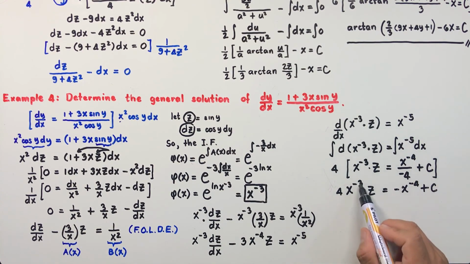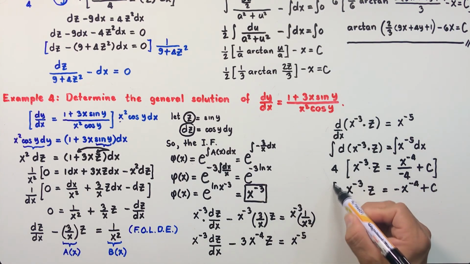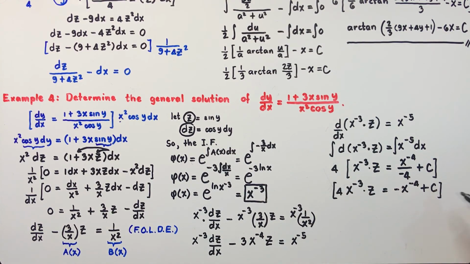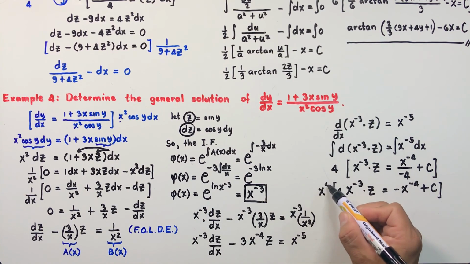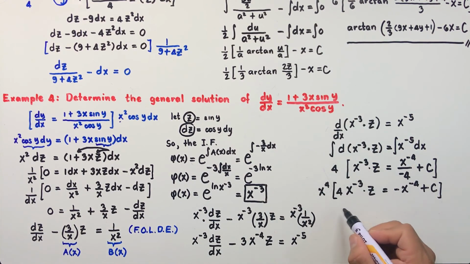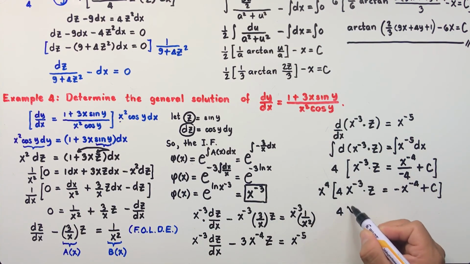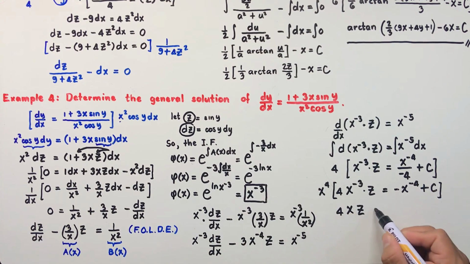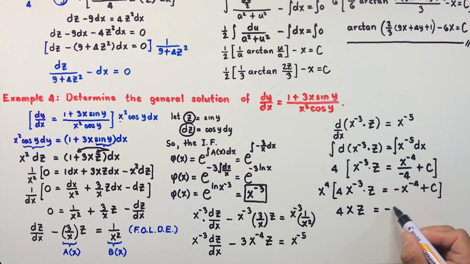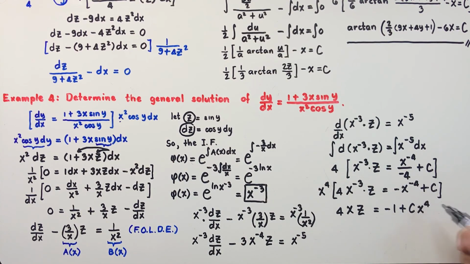And eliminating these negative exponents here, we need to multiply both sides of the equation by x to the power 4. So we have 4x times z, which is equal to negative 1 plus c x to the power of 4.